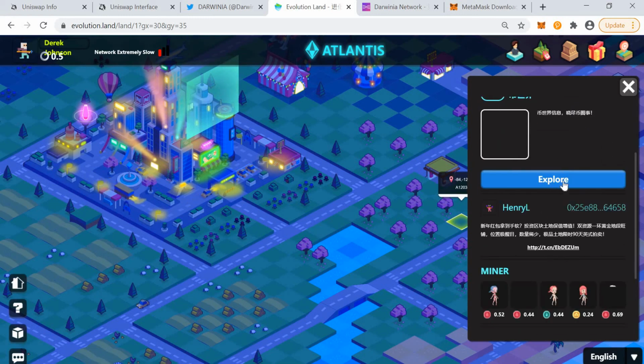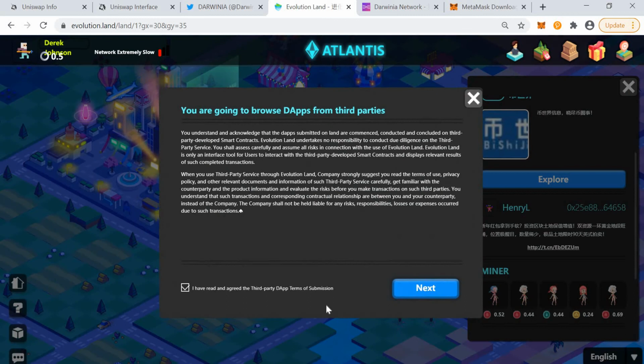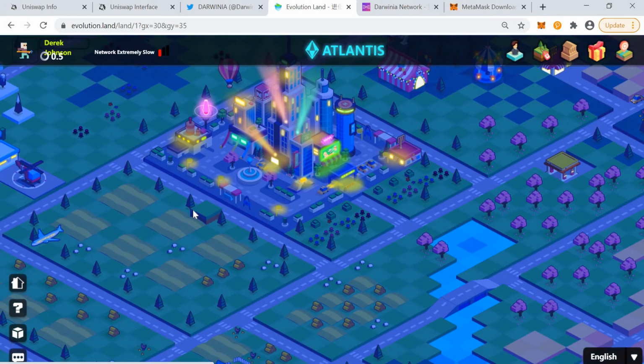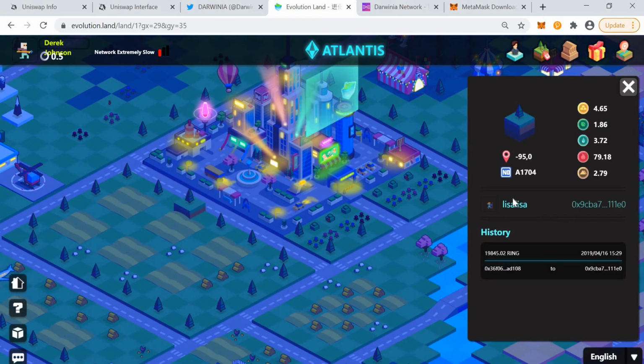You can click here and then explore the dapp. I don't know what the dapp does or what it is, but it doesn't work right now. In the future, we'll know more. This is actually a specific land that I was trying to buy.